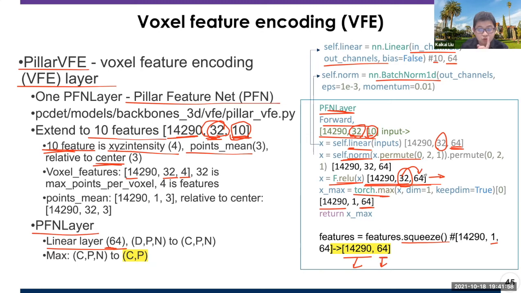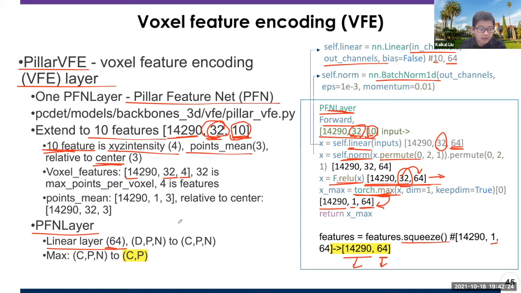That's for individual LiDAR points. Then you do this max operation. From 32 LiDAR points, you only get one. That means you use the max operation to get the feature representation for the whole pillar, not the individual points. That means you compress from 3 dimensions to 2 dimensions using this max operation.